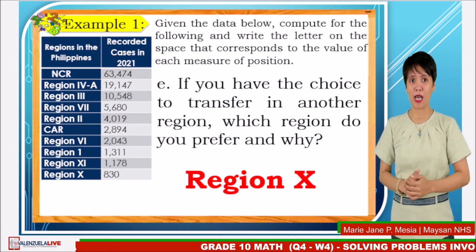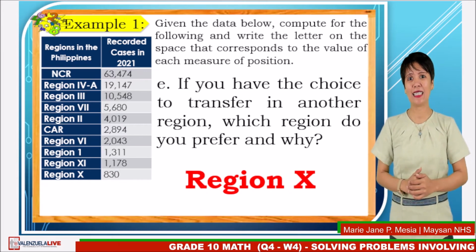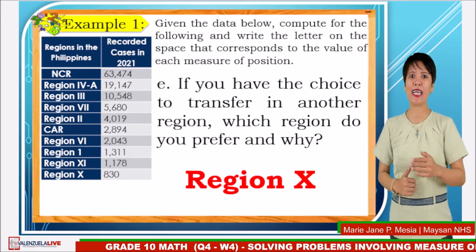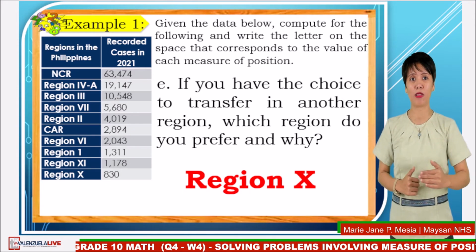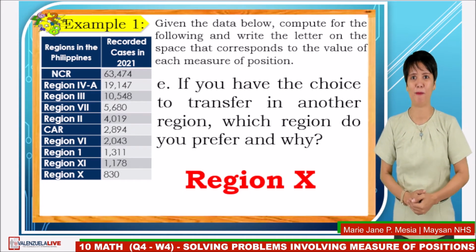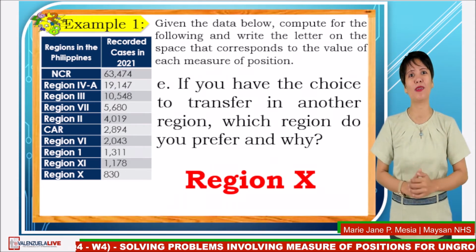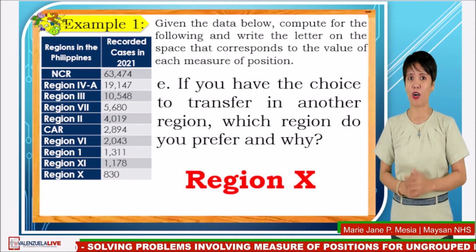Based on the data, region 10 has the fewest number of recorded cases and it corresponds to P sub 10 or 10th percentile. Percentiles are used when you need to know the relative standing of a score or value.